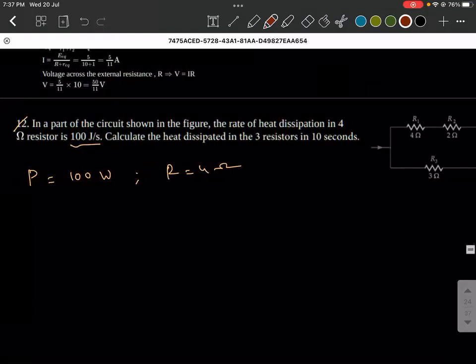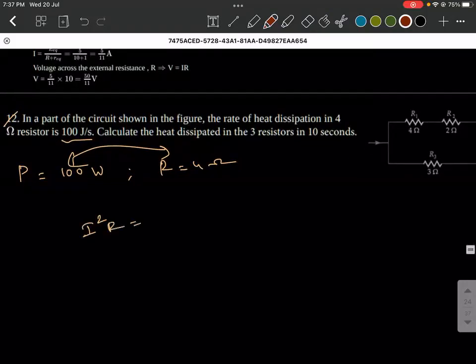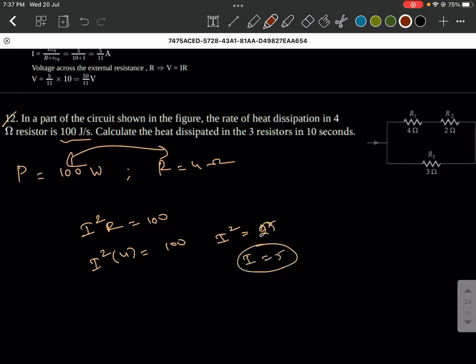So they have given the power across this thing, no? So power will be equal to I square R. I square R is 100. I square into R, R is 4, that is 100. So I square is 25, I will be 5.